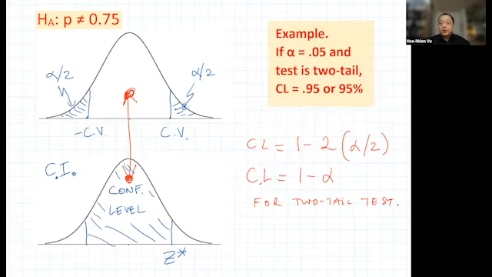For example, if alpha is equal to 0.05 and the test is two-tail, then the corresponding confidence level is 1 minus 0.05, which is 0.95 or 95%.